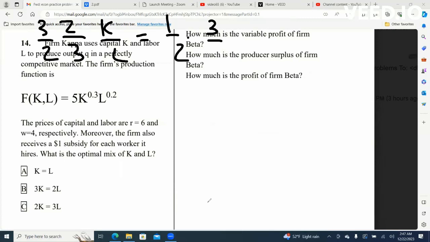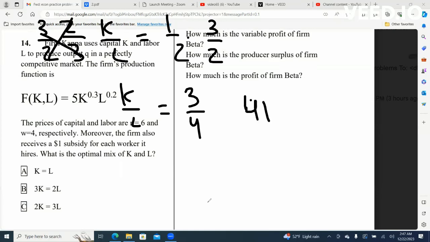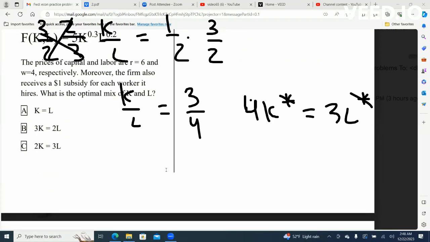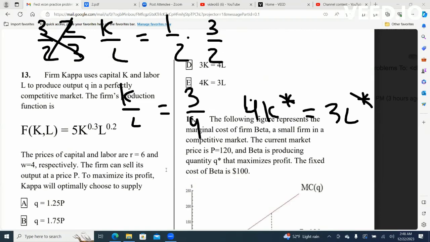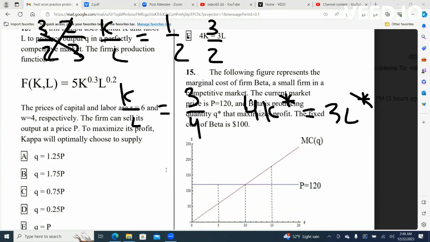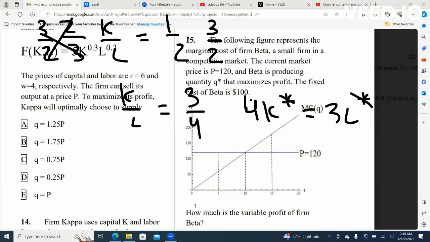So K over L equals 3/4, and I get 4K star equals 3L star. That's the answer, isn't it? 4K star equals 3L star. I got E for that. So that was a very easy problem.